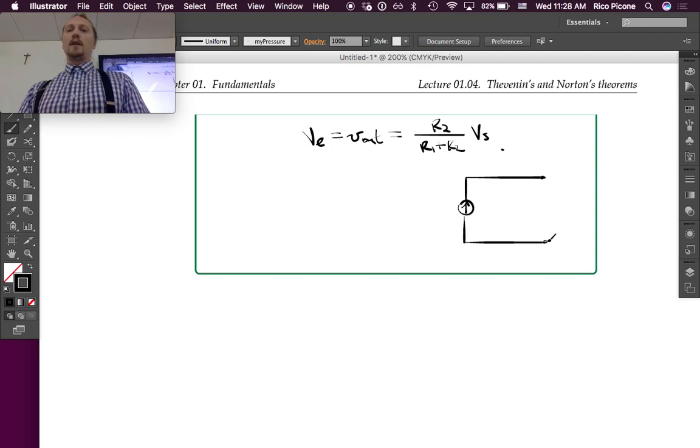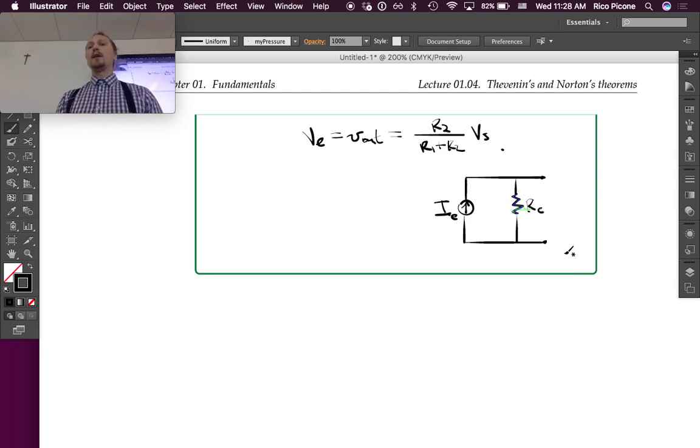For the Norton, it's actually in parallel. Sorry. So Thevenin is in series and Norton is in parallel. So IE is our Norton and RE in parallel. So we know RE, it's the same RE that we got in the Thevenin equivalent circuit, but our IE is different.